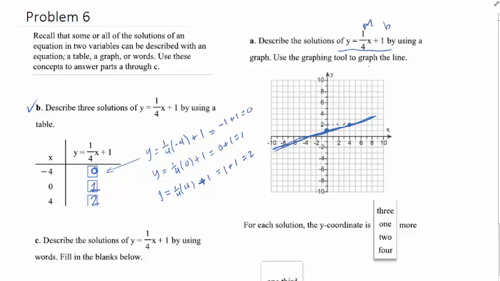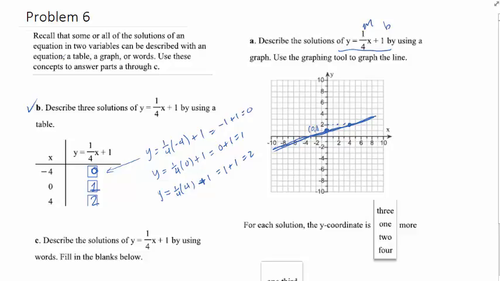And we can double check our graph here. When x is equal to 0, y is equal to 1. That's this point right here.